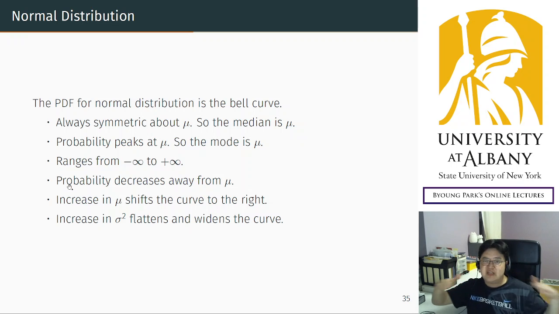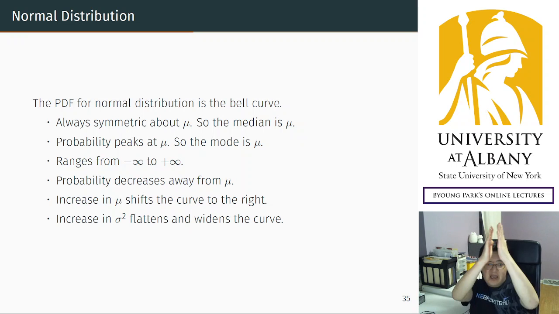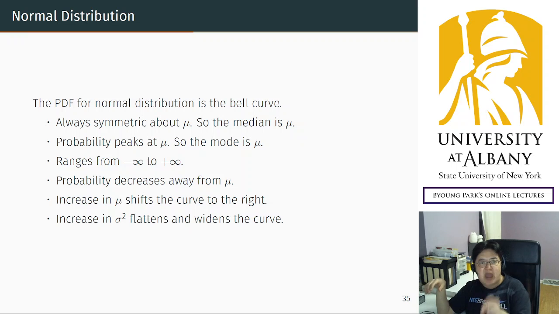And the probability density is highest around the center, around the mean, and always decreases as you go away from the mean. That means the mean is most likely to happen, and the extreme values, outliers, are always rare in a normal distribution.